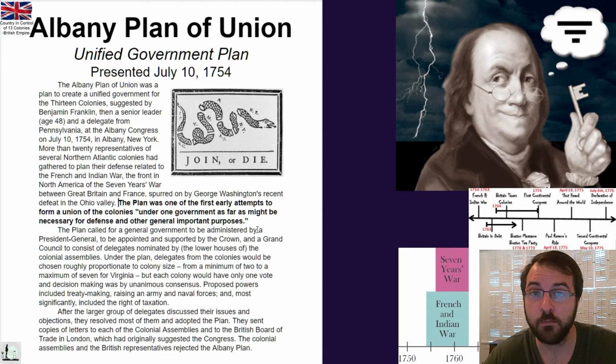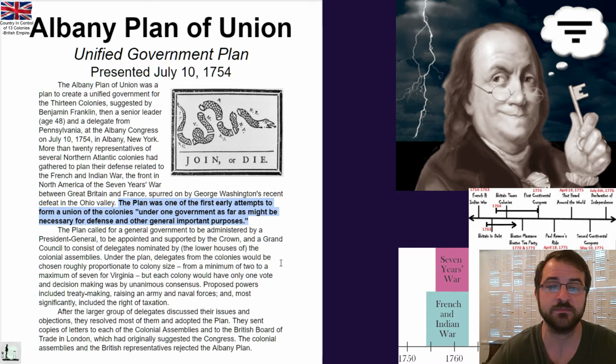And the reason why you need to remember the Albany Plan of Union is the plan was one of the first early attempts to form a union of the colonies, quote, under one government as far as might be necessary for defense and other general important purposes.